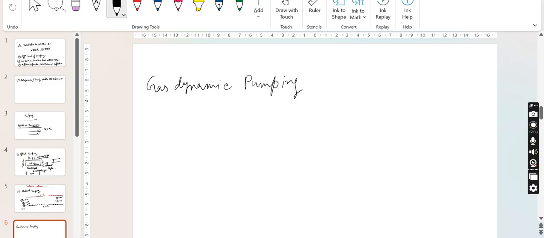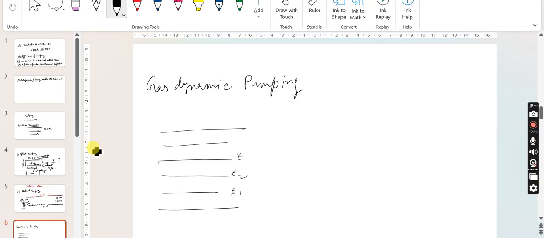When we cool the system, not all the energy levels have the same relaxation time. See, there are different levels like E1, E2, E3, E4, E5.